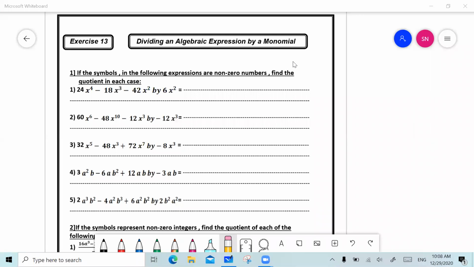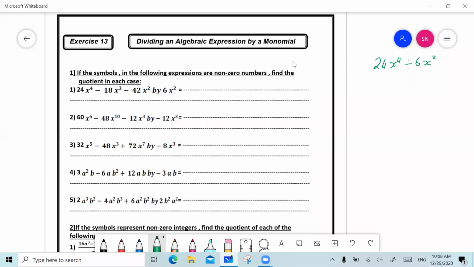So in today's lesson, we are going to take dividing an expression by a monomial. Let's first remember how we divide terms, because this is what we are going to use mainly in this lesson. For example, 24x to the power of 4 divided by 6x squared.